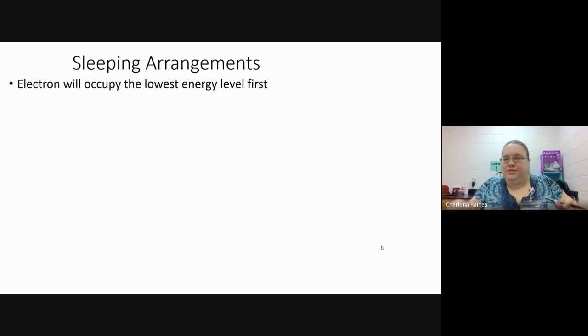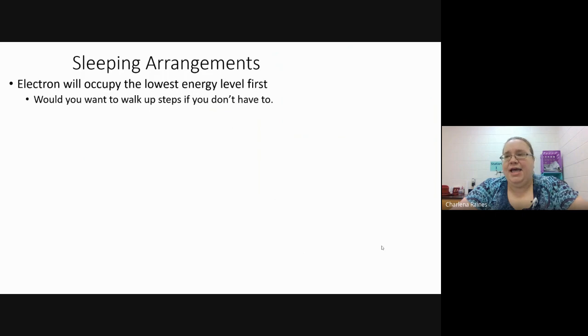So in terms of how electrons arrange themselves in that cloud, in that house, hotel, however you want to think about it, the electrons always have to go in that first energy level first. You will notice that I will always start at the top of the periodic table. The reason is the top row of the periodic table is representative of that first energy level.